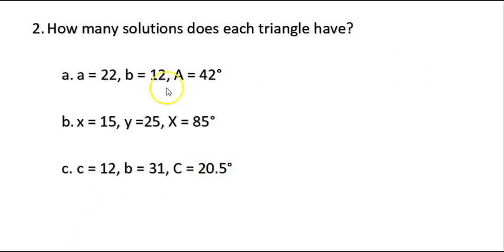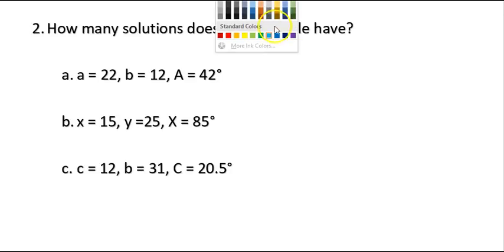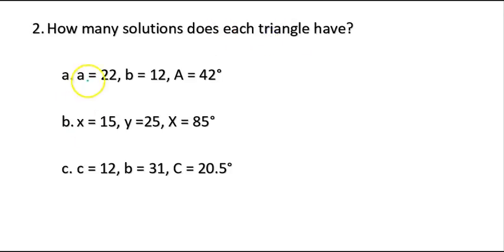Okay, for the first one, when you're looking at the problem, the first thing you want to look at is angle A, and that in this case is 42, so that is less than 90, so you're following the bottom path. And then you want to compare A with B sine A. So A, the 22, we're going to compare that with what 12 sine 42 is.